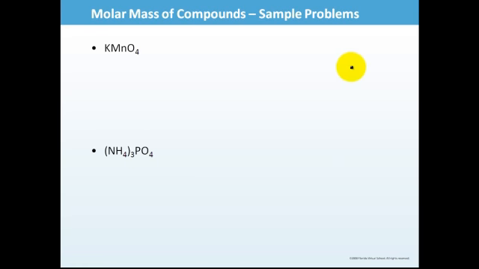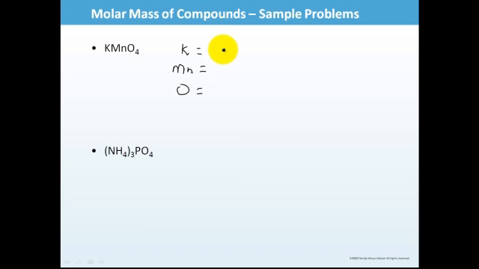Again, have a periodic table handy. For the first one here, we've got potassium permanganate, which has that polyatomic ion. We're going to go to our periodic table and look up the masses for each one of these, and then multiply by those subscripts.